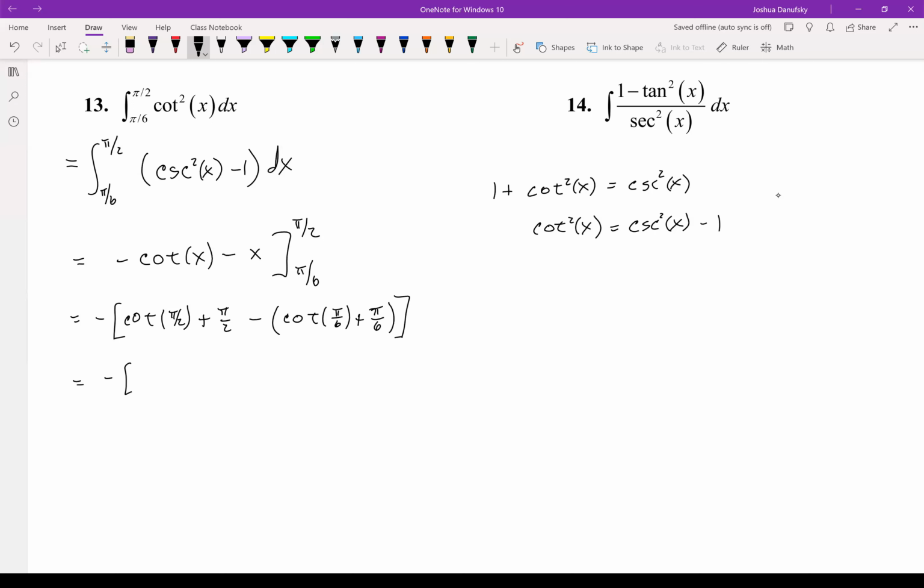So cotangent of pi over 2 is 0, plus pi over 2 minus cotangent of pi over 6 is root 3 minus pi over 6. So we end up with a positive root 3, a negative pi over 2, and a positive pi over 6. And that should give us this.